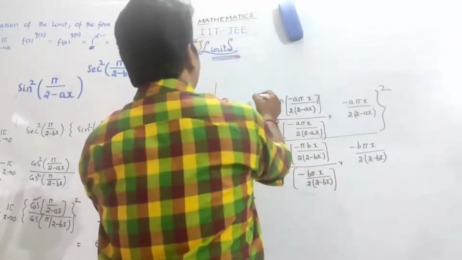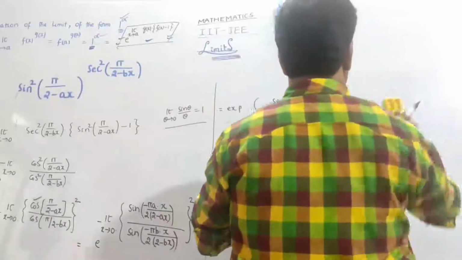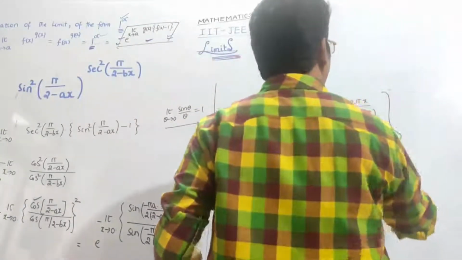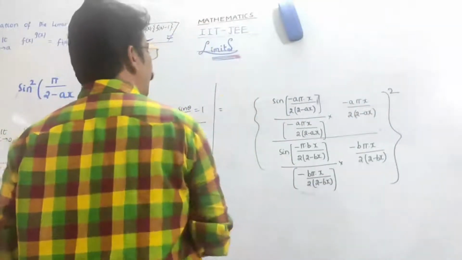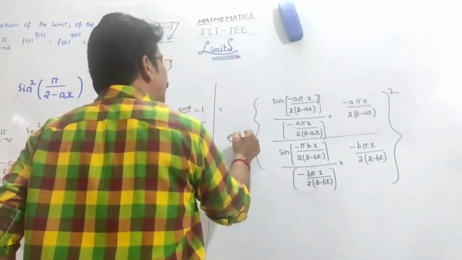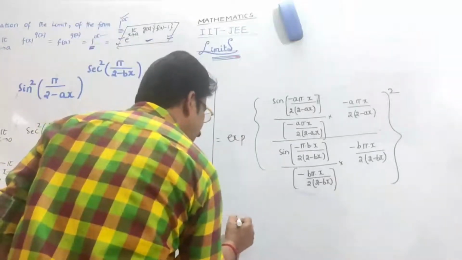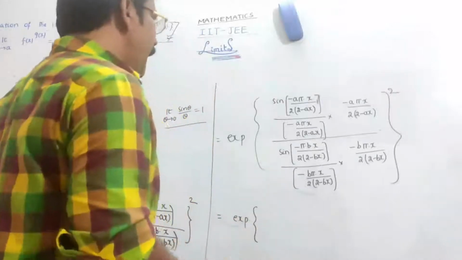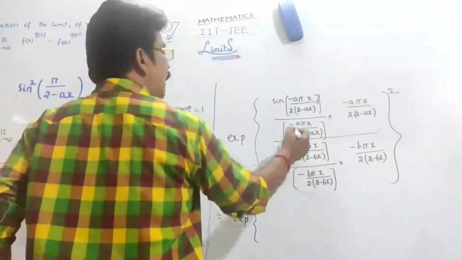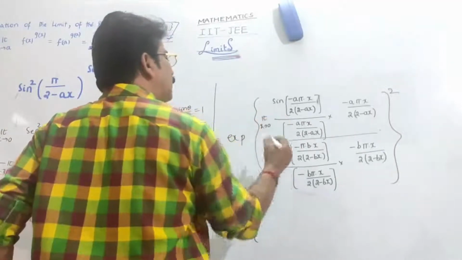It is exponential of, whole square, exponential of e power. So that is equal to e power, meaning exponential of, now apply limit x tends to 0.